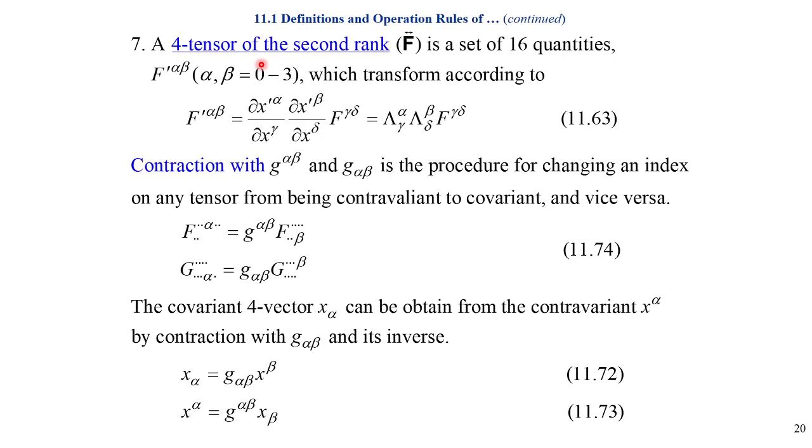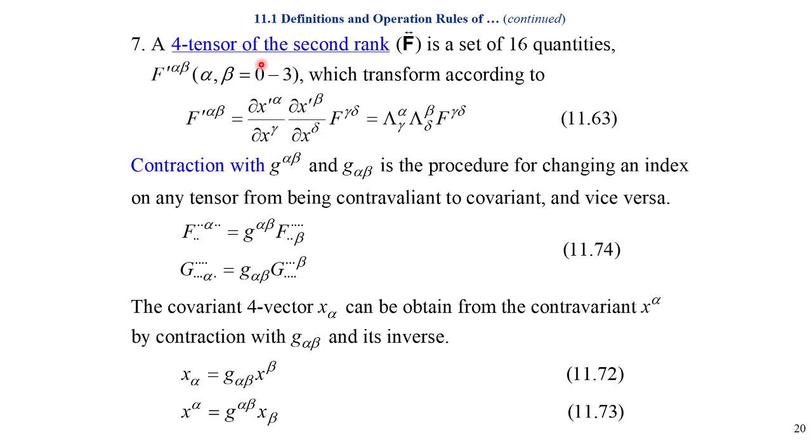We use the notation F. For a first rank, we have 4 components. For the second rank, we have 4 by 4, so we have 16 quantities. How to do that? F prime alpha beta, where alpha and beta run from 0 to 3, and transform according to this one.